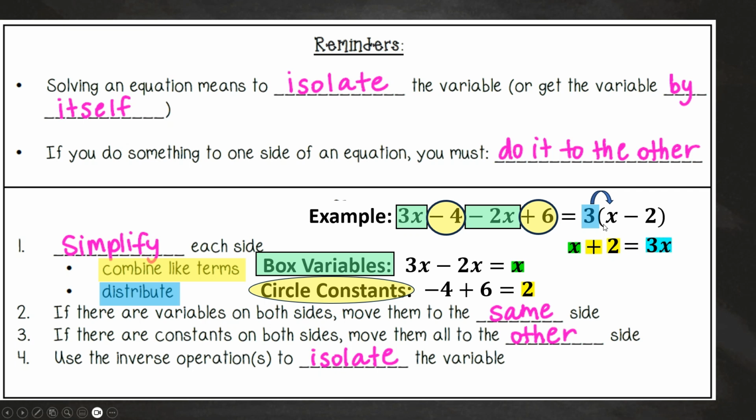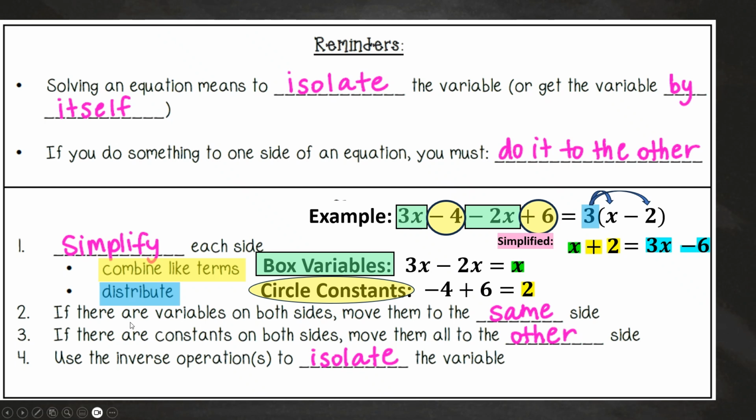So I'm going to get 3x. And 3 times negative 2, because remember that sign is attached to that 2, gives me negative 6. So this right here is a simplified version of this long equation.